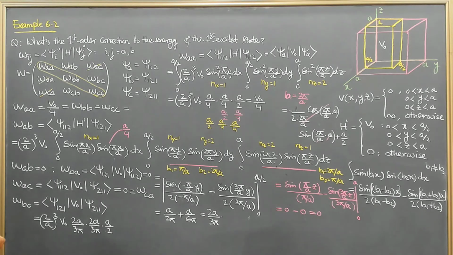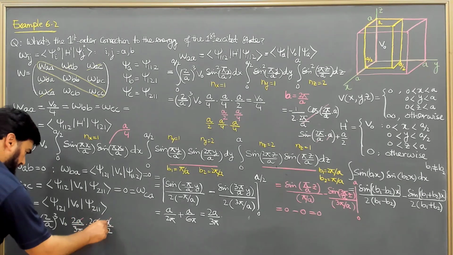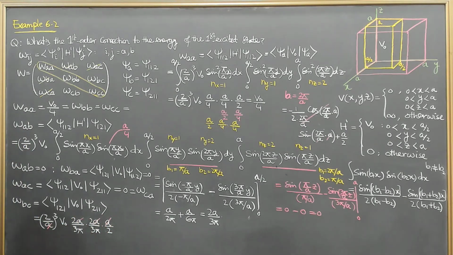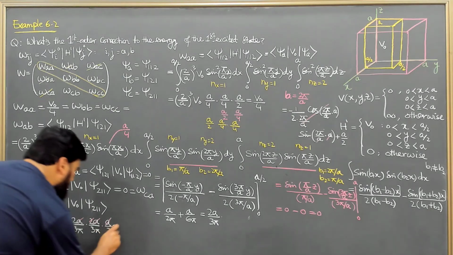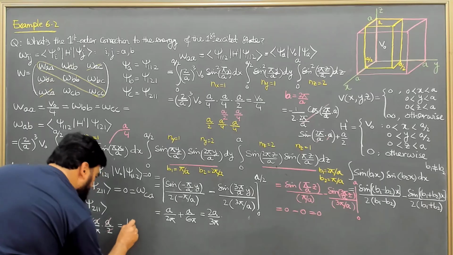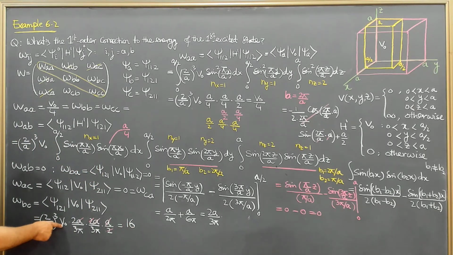Now we have to simplify this one. See here that there is some cancellation possible: we are having a here, a here, and a here, and it goes with this a because this is cubed. Then this 1 2 is gone with this 1 2, and then we are left with 8 multiplied by 2, which will give us 16, and then V naught here.